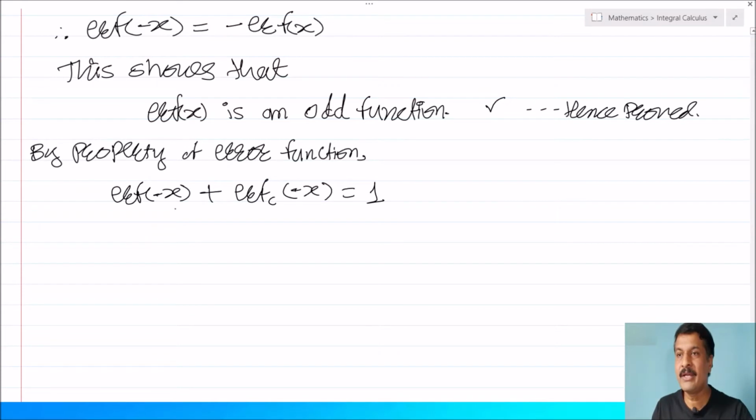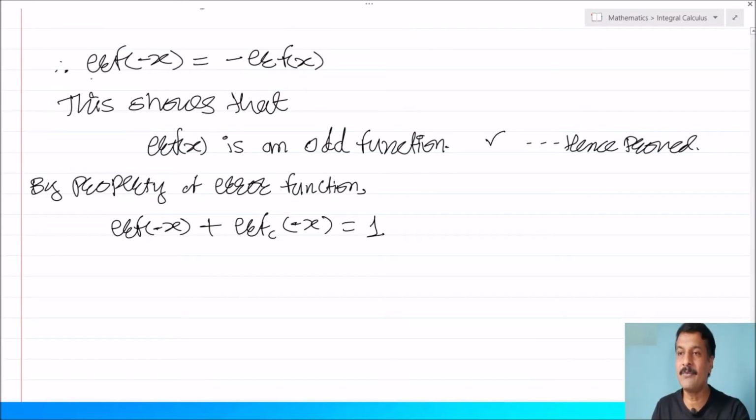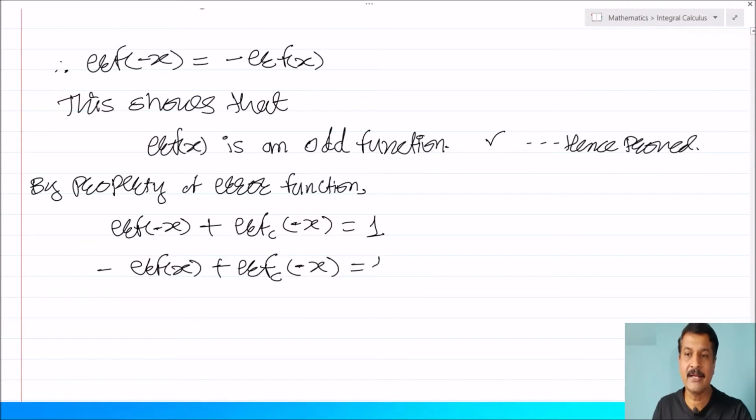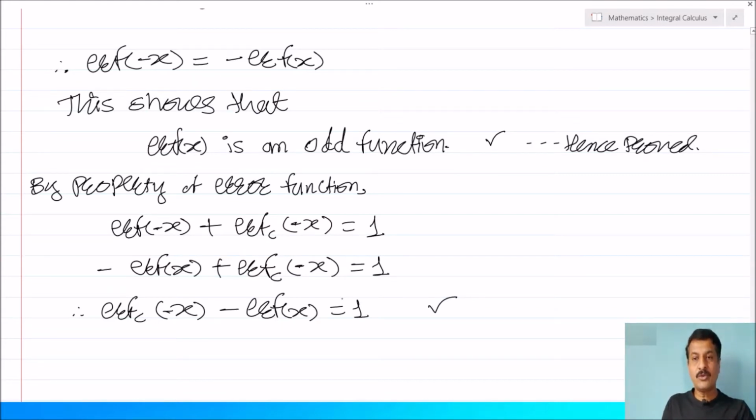Now we have the result error function of minus x equal to minus error function of x, and that is why I can write minus error function of x plus complement of error function of minus x equal to 1. Same thing I can write as complement of error function of minus x minus error function of x, and that is equal to 1, which we want to prove.